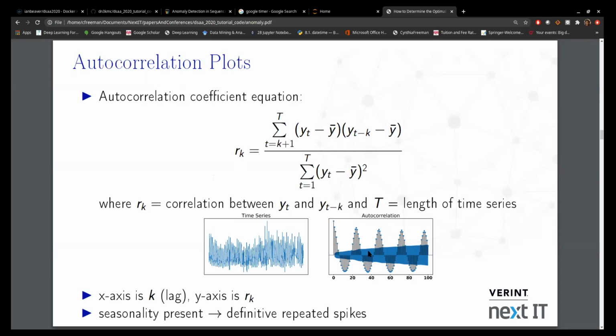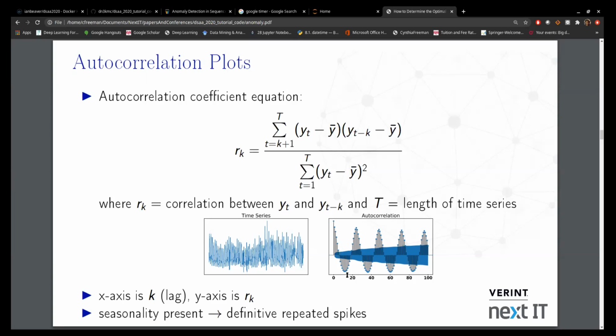And you can see this blue cone here, and that represents the confidence interval. Values that sit outside of this confidence interval are very likely a correlation and not some sort of statistical fluke. So when data is seasonal, these correlation coefficients on the y-axis will be larger for seasonal lags at multiples of the seasonal frequency than for other lags. So we'll see these repetitive steps, right?